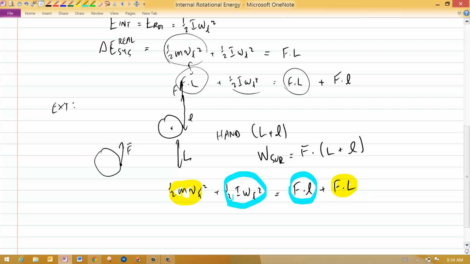So you can use the energy principle in two different ways in every problem. You can look at the point system, which tells you how the center of mass is affected by all the forces in the system, or if you can see the details of the system, how far individual forces have acted, and you know exactly where the pieces of the system are, you can figure out what this internal energy is.